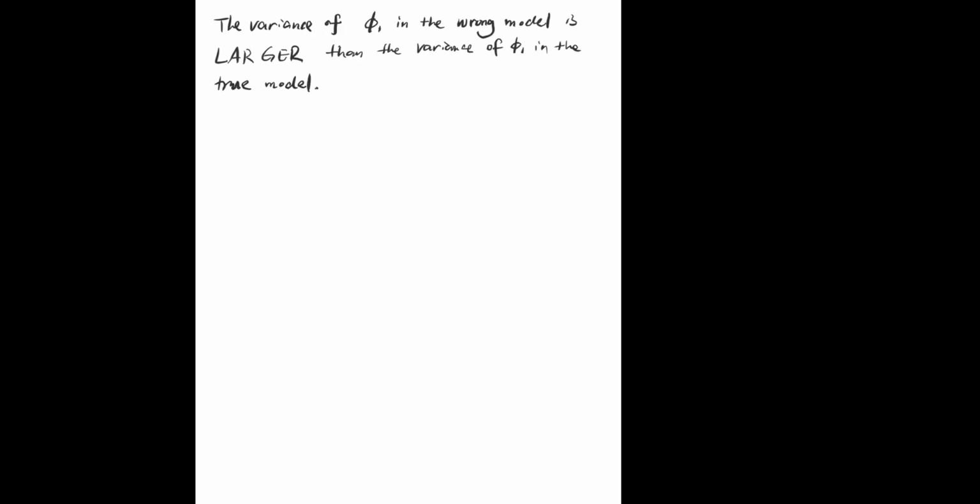So in other words, if we fit an AR2 as an AR1, then the estimator of phi1 becomes less precise, right? Because the variance we got in this wrong model is larger than the variance of phi1 in the true model.